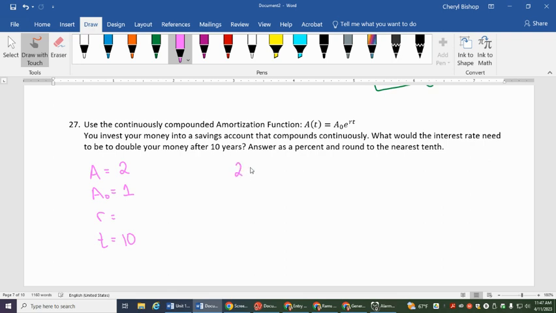All right, so $2 is the result when I invest $1, e to the r times 10. Right? So we could do the same thing we did before. We could divide by 1. You don't really need to because you don't have to even write the 1 there. So I've got 2 equals e to the 10r, just because 10 times r looks prettier than r times 10 to me.